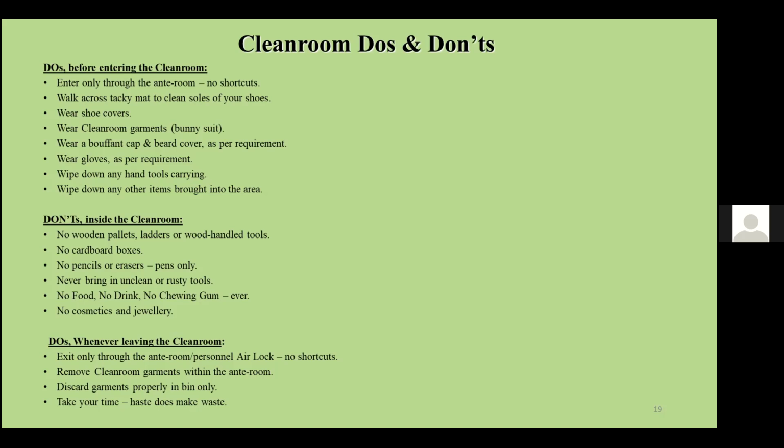Even pencils are not allowed, some wooden things are not allowed inside the clean room, erasers, food, cold drinks, cosmetics. Even when ladies go inside the clean room, sometimes they use cosmetic things, jewelry. These things are also not allowed inside the clean room. So we should take care of all these things before entering the clean room. And it is our responsibility to maintain the clean room environment.